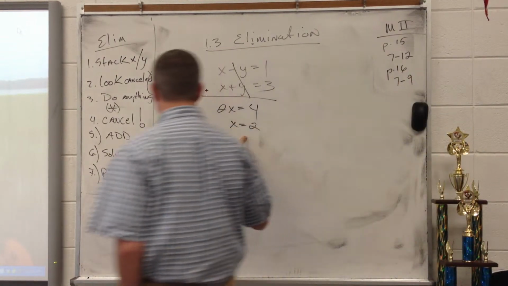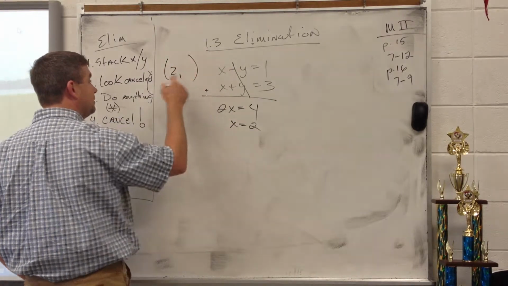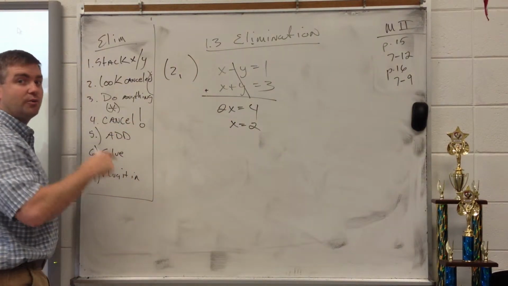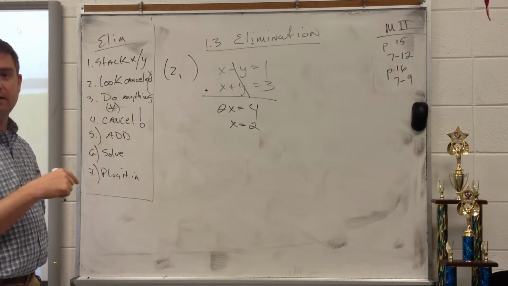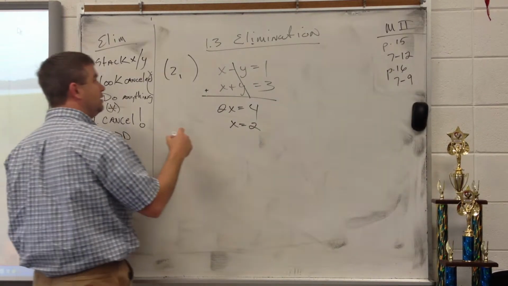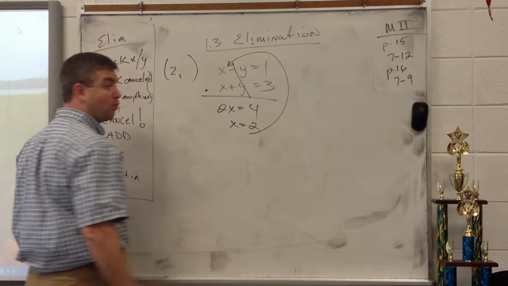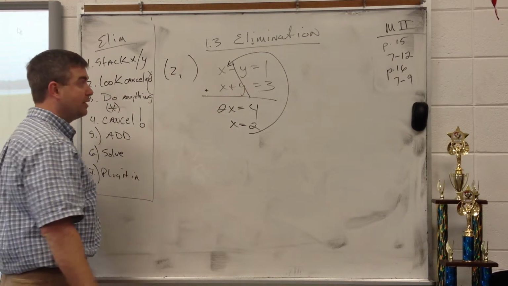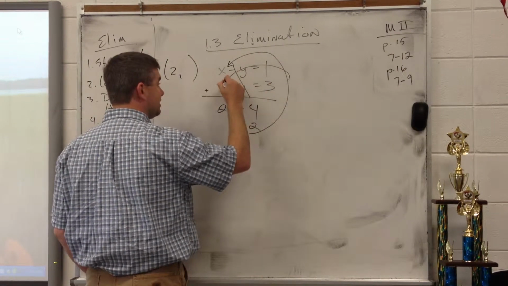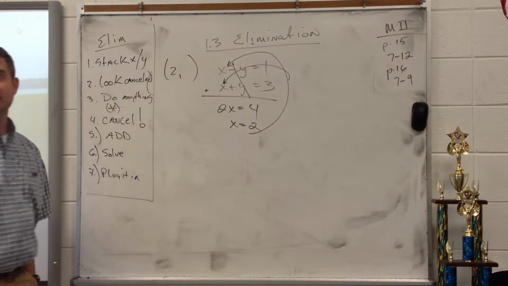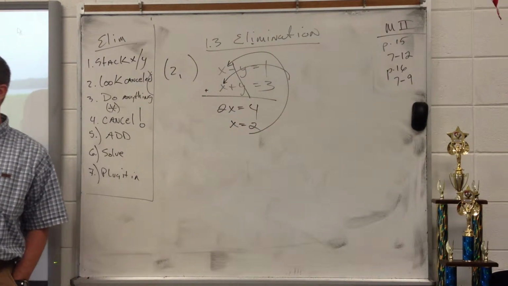If we were to graph this, the two lines would intersect at 2 something. So we have to find out the y coordinate of the equation. We take this and we plug it in. It doesn't matter where we plug it in. We could plug it in there or there. Which do you think is easier, the top equation or the bottom equation?